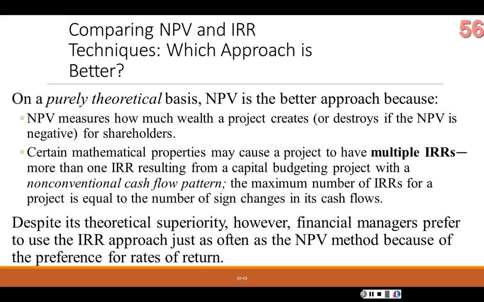The maximum number of internal rates of return for a project is equal to the number of sign changes in its cash flows. So having a cost, a negative cash flow, followed by a series of positive cash flows, followed by another cost and more cash inflows is going to cause a situation where multiple internal rates of return can exist.